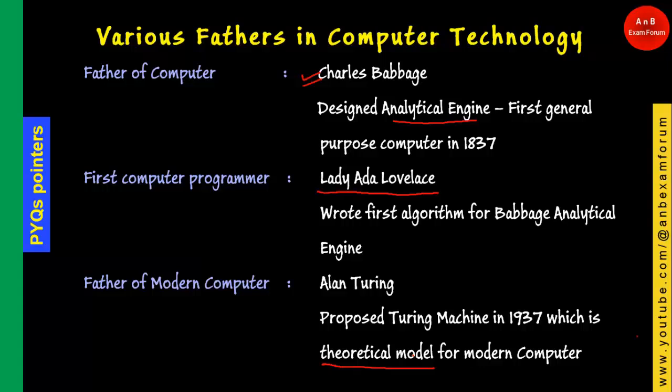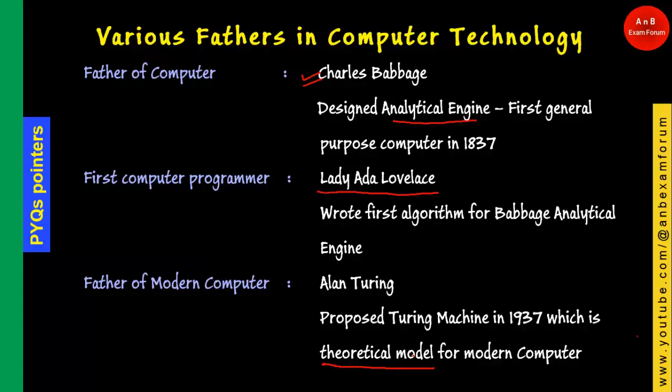So that's why he is regarded as the father of modern computer. But if he asks only the father of computer, your answer should be Charles Babbage. But if he is asking specifically about the modern computer, your answer should be Alan Turing.